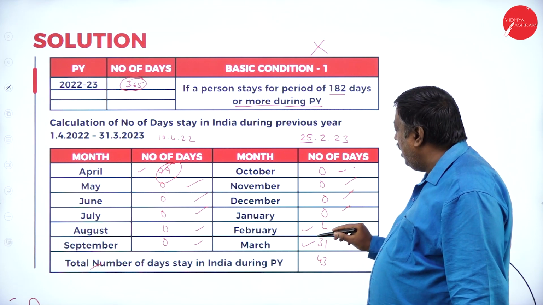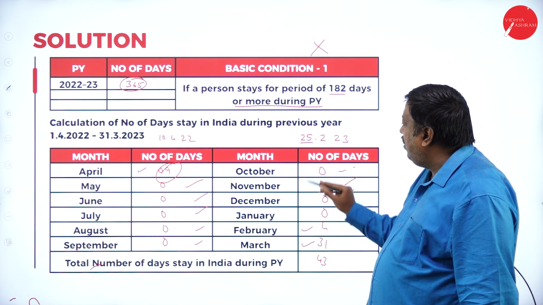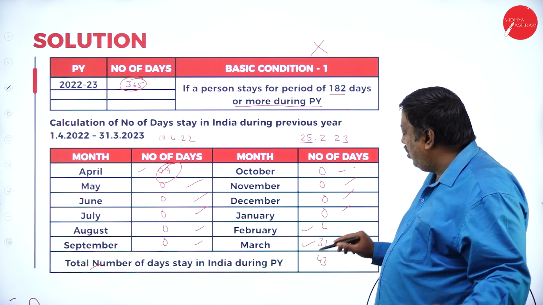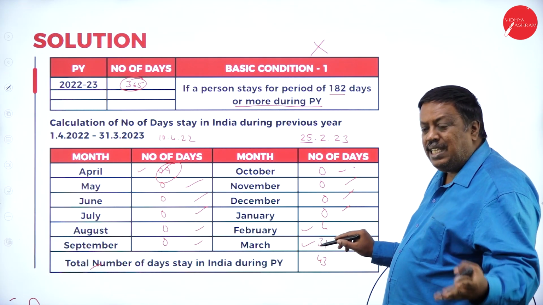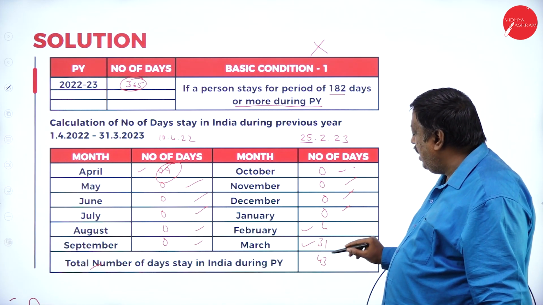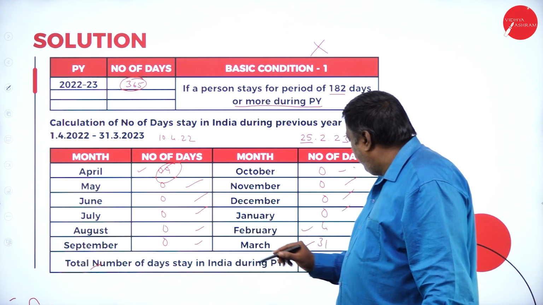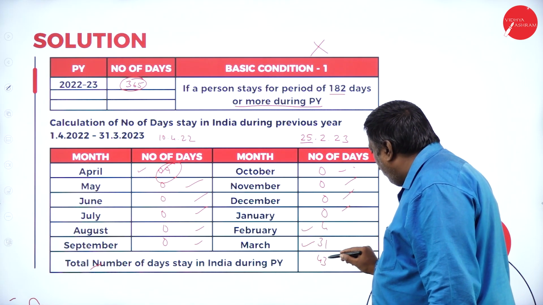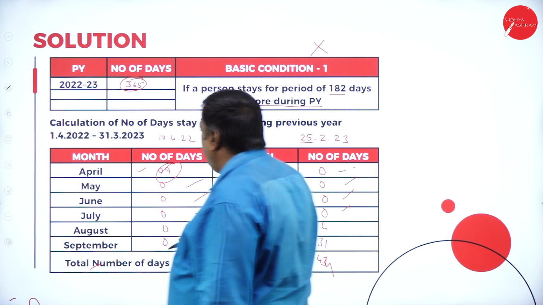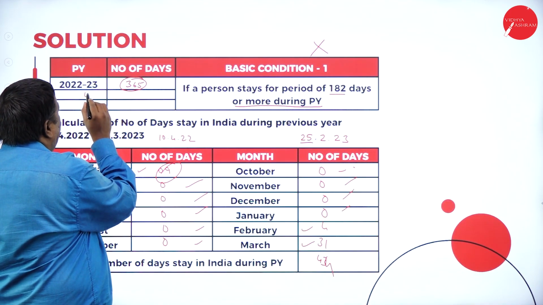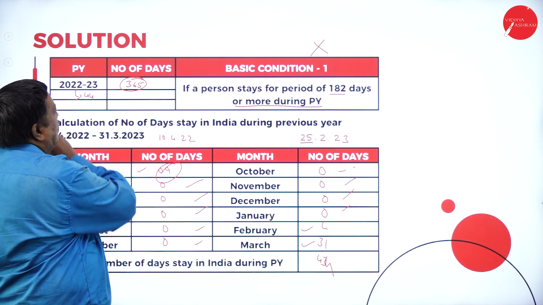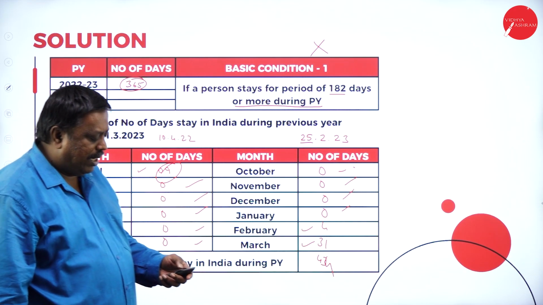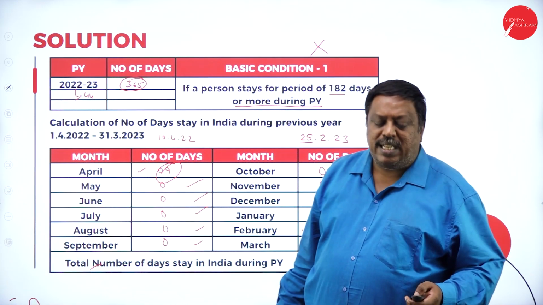After returning, 4 days in February and thereafter in March. 9 plus 4, 13, 13 plus 31, 44 days I was in India during previous year. So I couldn't satisfy my first basic condition.